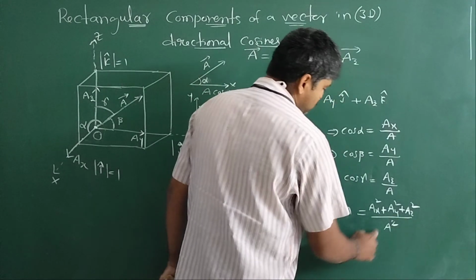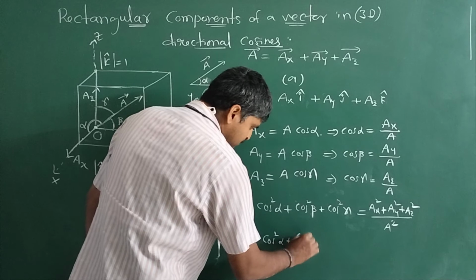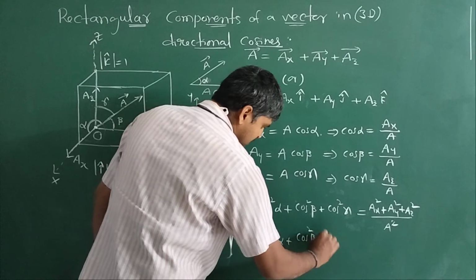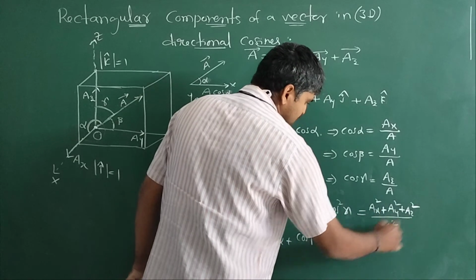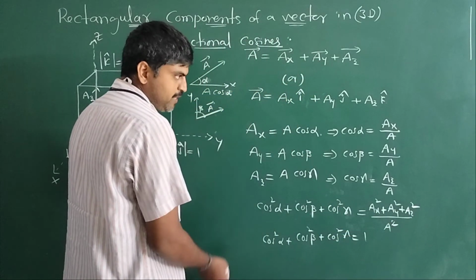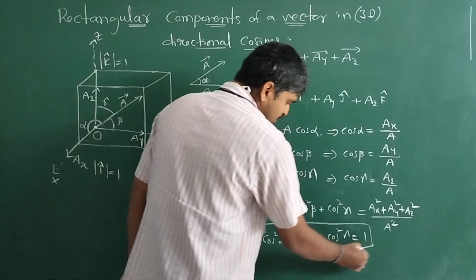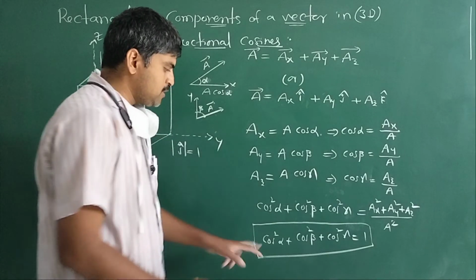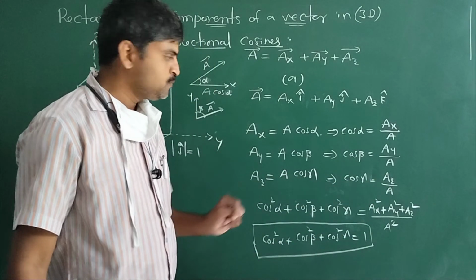So cos square alpha plus cos square beta plus cos square gamma equals a square by a square, which is 1. This is the directional cosine rule: cos square alpha plus cos square beta plus cos square gamma becomes 1.